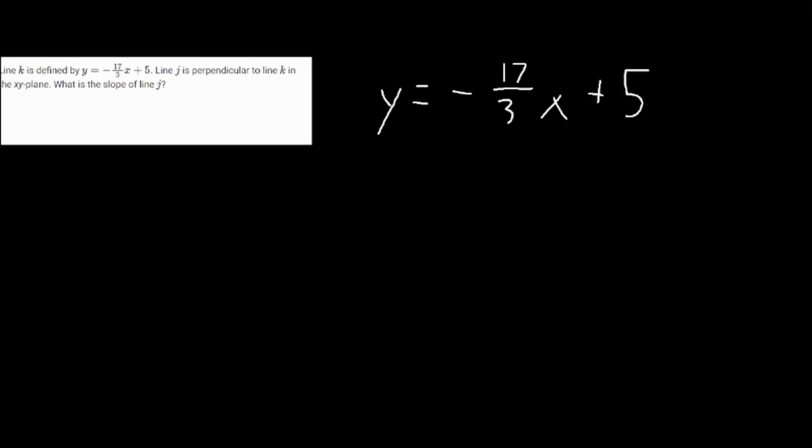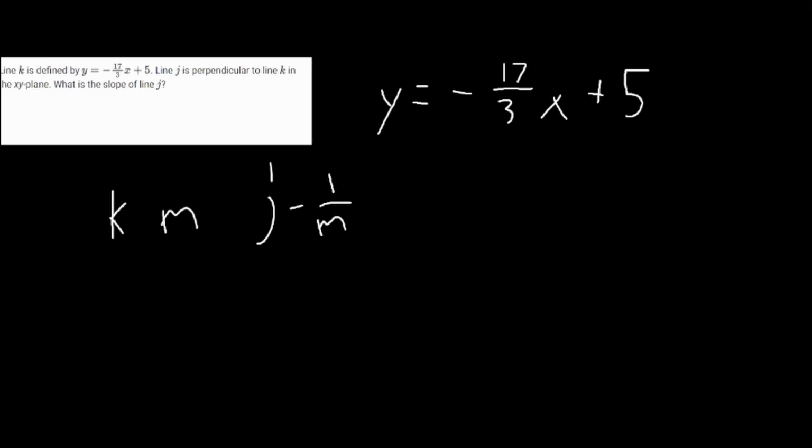So to solve this problem, you have to understand the relationship between the slopes of perpendicular lines. So if line k has a slope of m, line j would have the negative reciprocal of that. So it would be negative 1 over m.